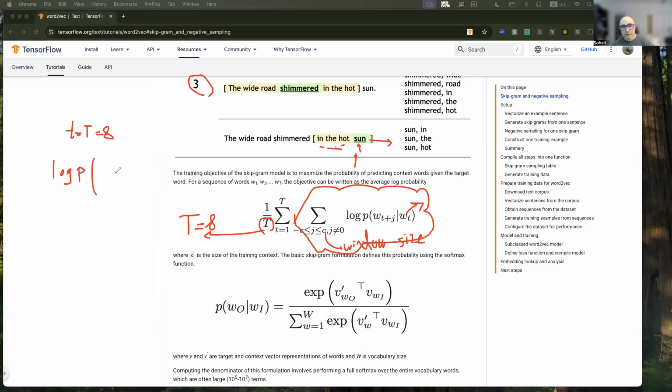If I write that for each one of them, it looks like it considers the whole window that you have. In this case, we have only the left side.